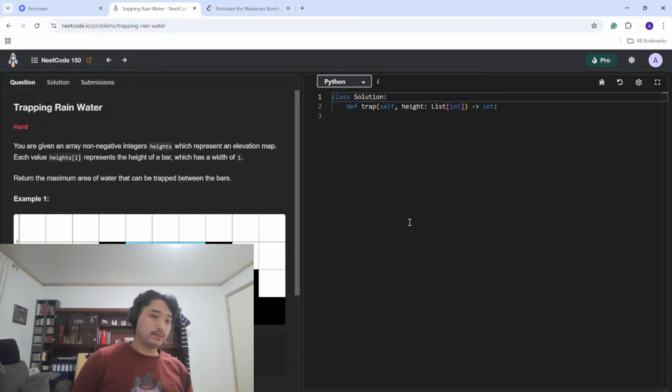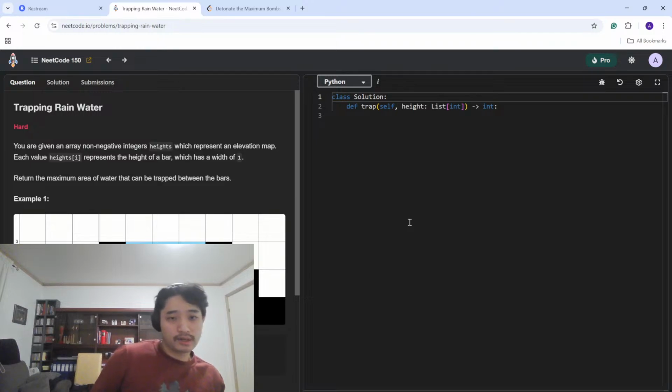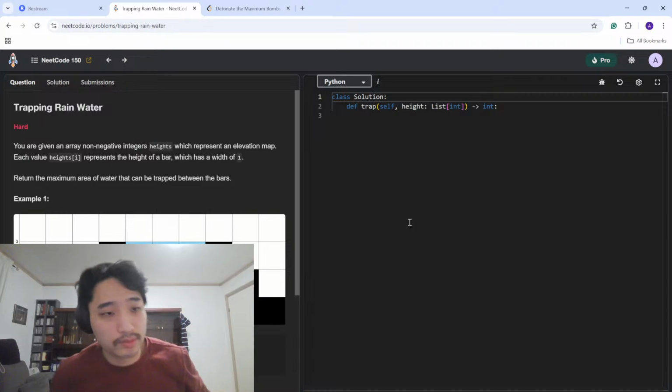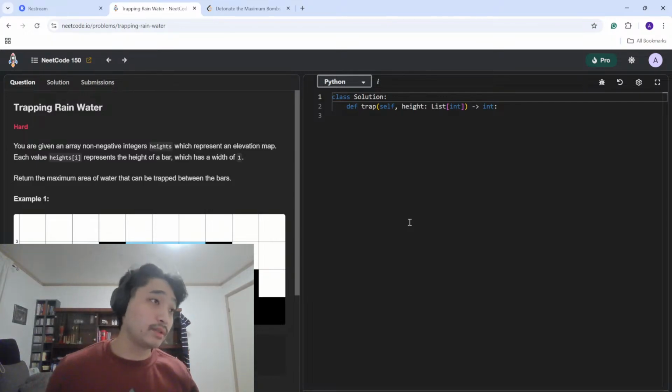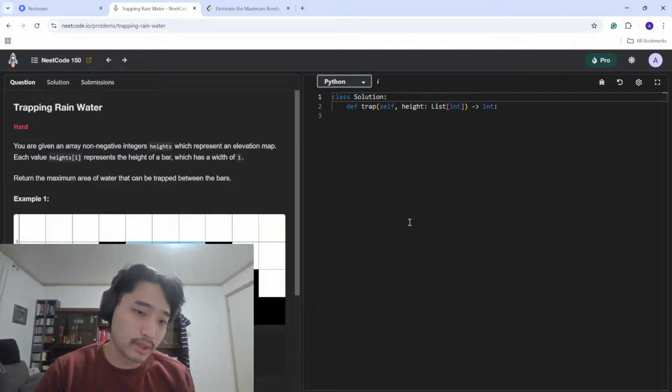Okay, I have a way, like the way I'm going to explain it. I can try to explain the way I was thinking. I was like, oh, it's a two-pointer, but it doesn't start like, I don't know if it's fast. It's more similar to slow and fast, I would reckon.